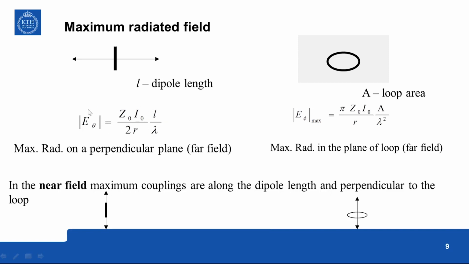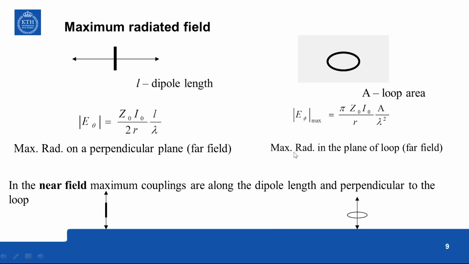So the maximum radiated field is proportional to the current as well as the electrical length of the dipole, L by lambda, and inversely proportional to the distance from the dipole. So this is perpendicular. Maximum radiation field is on a perpendicular plane to the dipole.